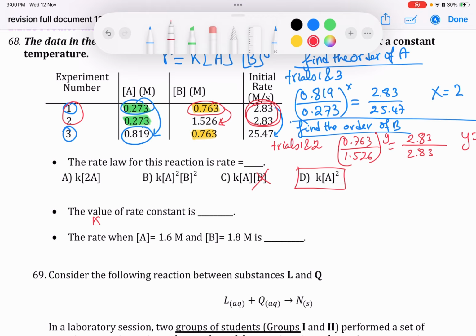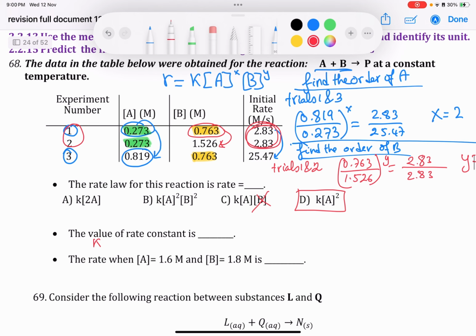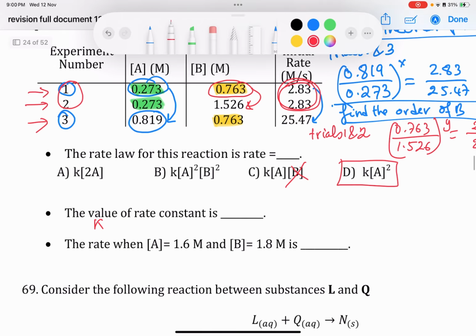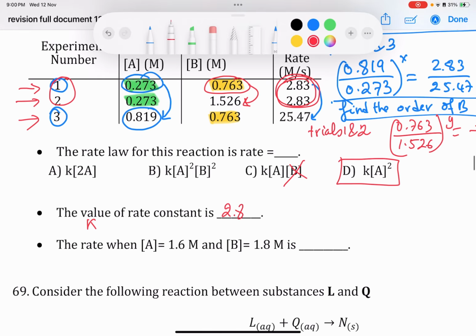What is the value of the rate constant K? In this case, since now you know X to be 2 and B 0, I can use this formula to calculate K. I can go with any trial that I want, so I'm going to choose the first trial. R equal 2.83 equal K multiplied by the concentration of A raised to the second order.